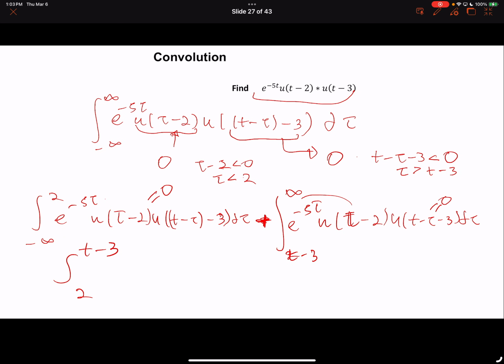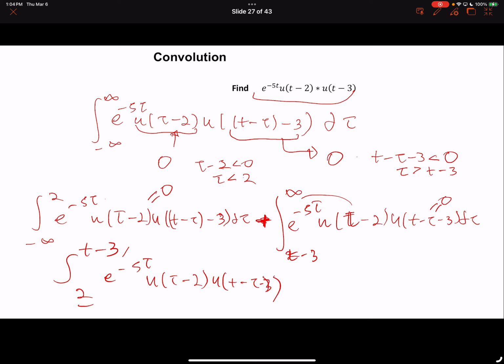Anyway, the only thing that's left to do is the integral from 2 to t minus 3 of e to the negative 5 tau, u of tau minus 2, u of t minus tau minus 3.